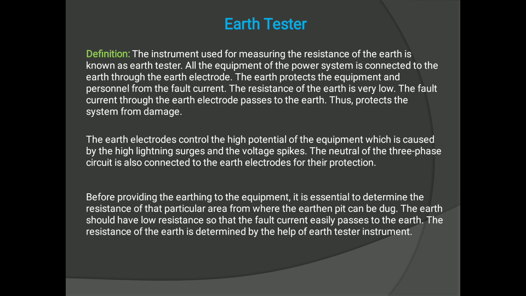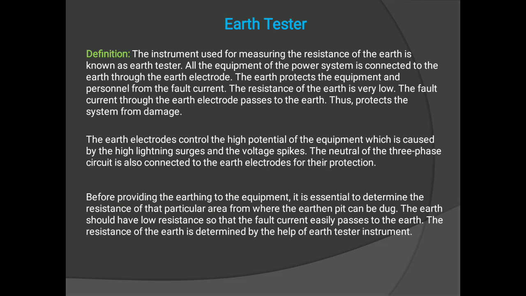Now we will study the earth tester. Definition: the instrument which is used for measuring the resistance of the earth is known as an earth tester. The purpose of earthing is to protect the various parts of the installation as well as the persons working against damage in case the insulation of a system fails at any point.